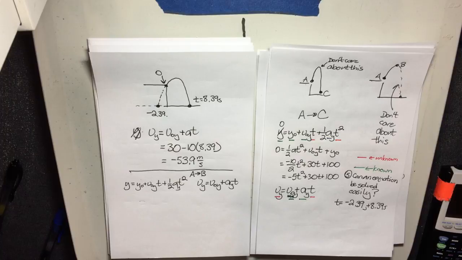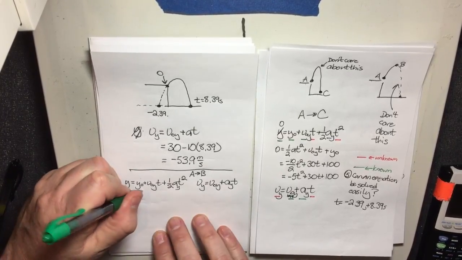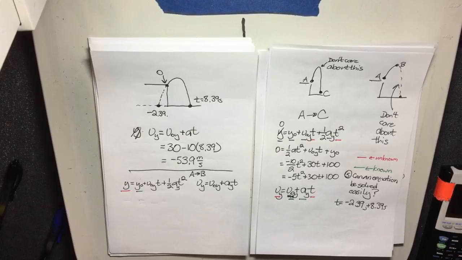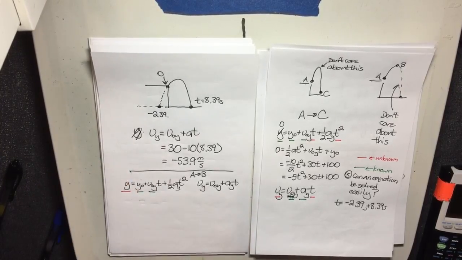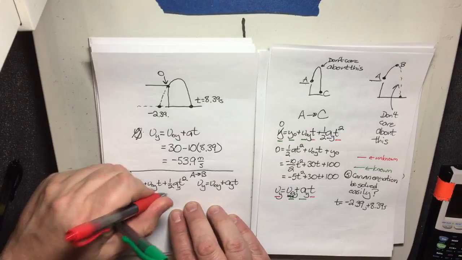Do I know my final Y from A to B? No, I have no idea what that is. I do know what my initial Y is. That's 100. I know what my initial v naught y is. 30, yes. Do I know what my time is? No, I have no idea on time.